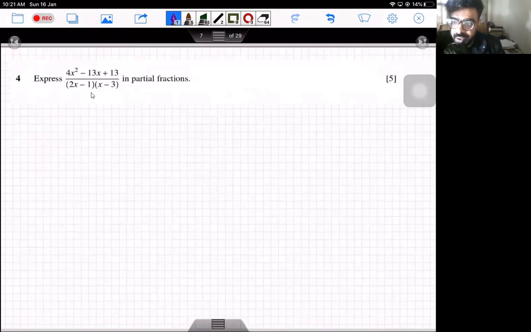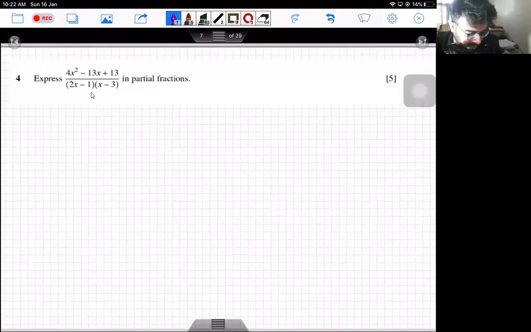So this is quadratic upon quadratic. So this is an improper fraction where the numerator's degree is equal to the denominator's degree. Where the degree of the numerator exceeds the degree of the denominator, such cases are not part of your course. Such cases are not tested in P3 CAIE. The only improper case which you have is that the degree of the numerator will be equal to the degree of the denominator.